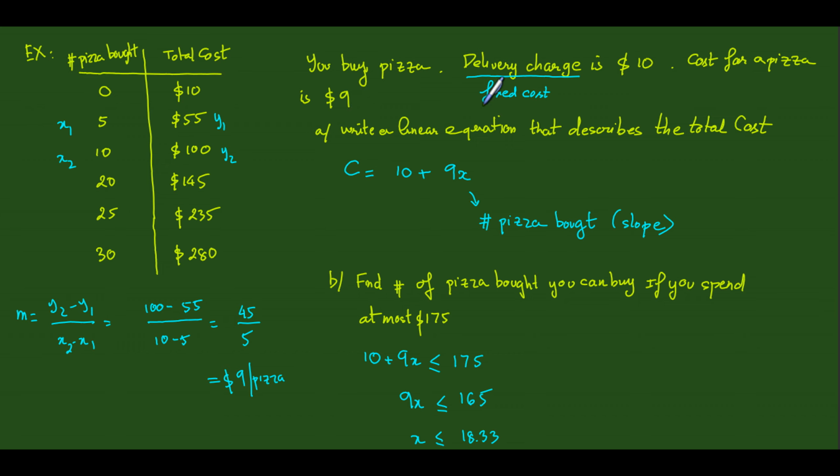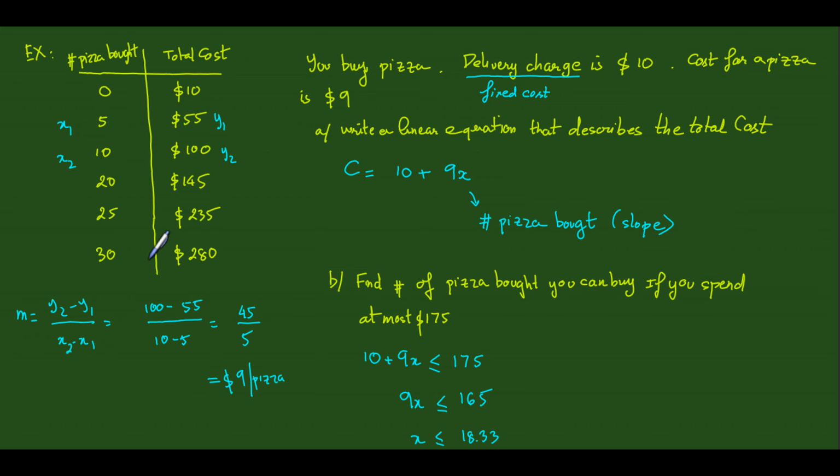But you see, in this problem, I give you the information already, which is easy. But sometimes on the test, I just give you the table. Then you have to figure out the slope, which is the price for each pizza, based on the table. Or sometimes I don't need to give you the table, I just need to give you these two pieces of information.